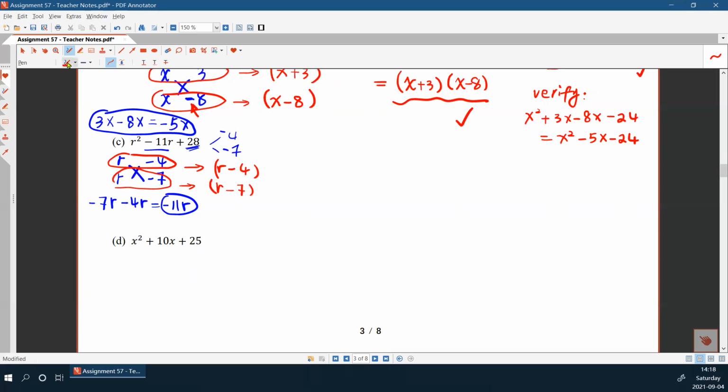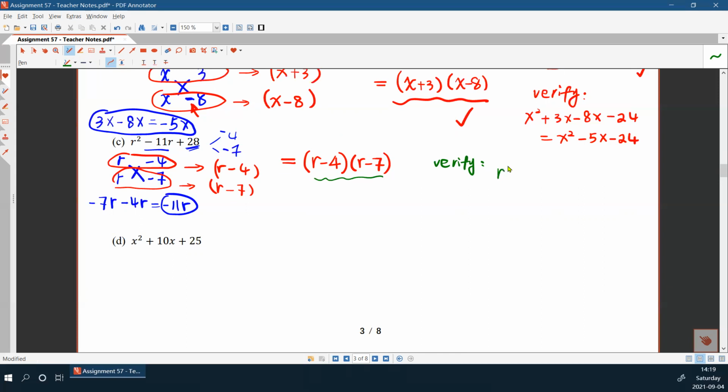Okay, so now the original expression is factored to r minus 4 times r minus 7. And actually, we can verify the result by expanding the expression here.